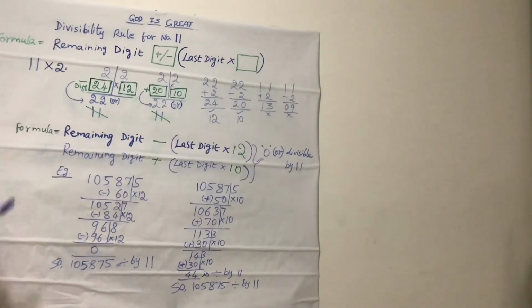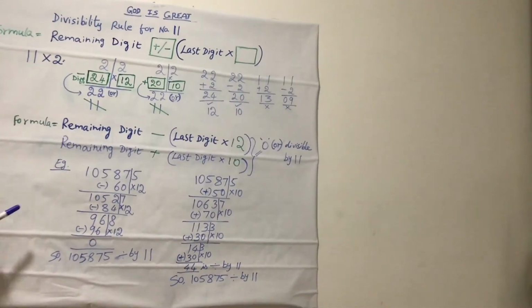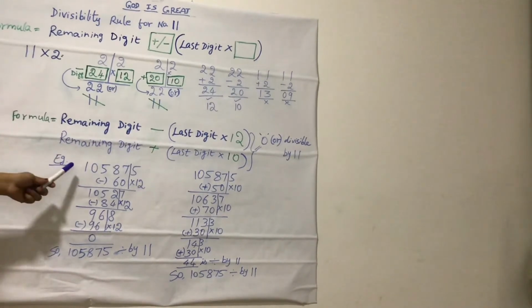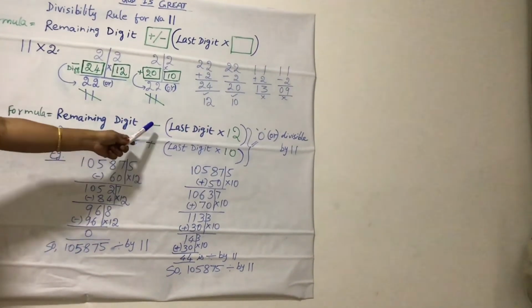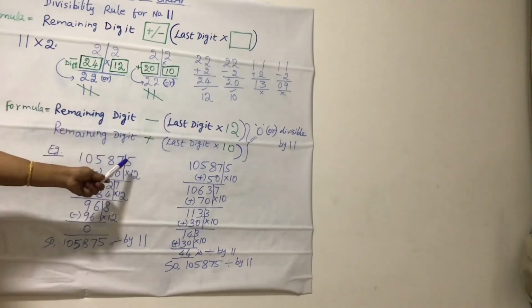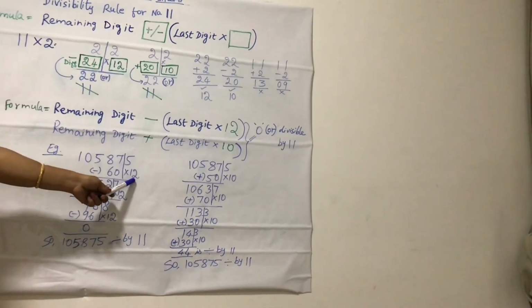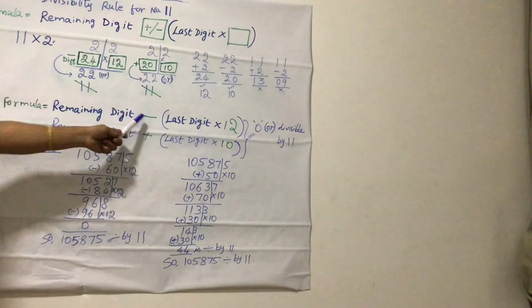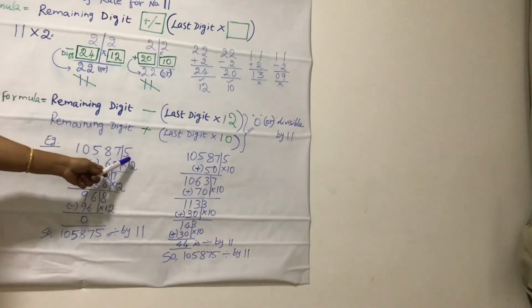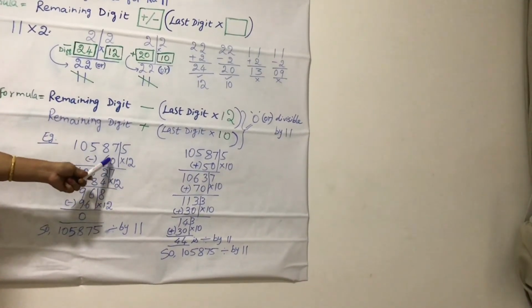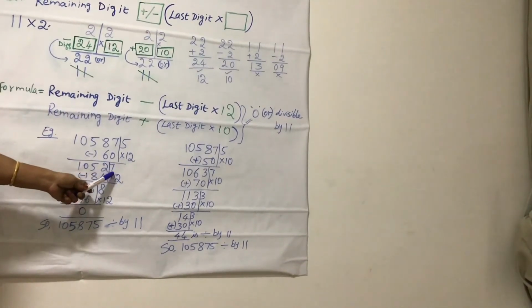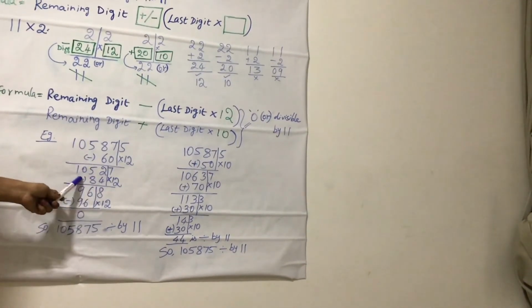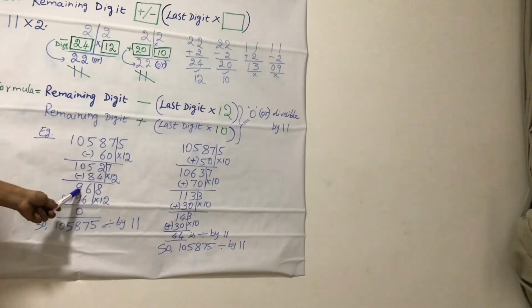So let us try both these formulas in an example to see whether they work. I have taken the number 105875. By using the first formula, I multiply the last digit by 12 and subtract it from the remaining digits. So 5 times 12 is 60. I subtract and I get 10527, and again multiplying the last digit by 12 and subtracting, I get 968.